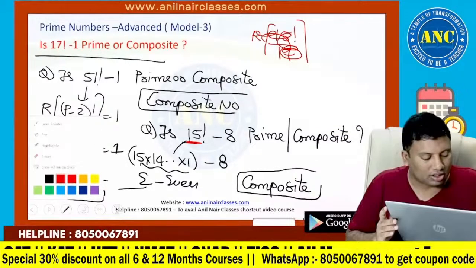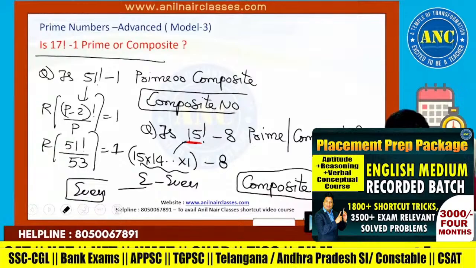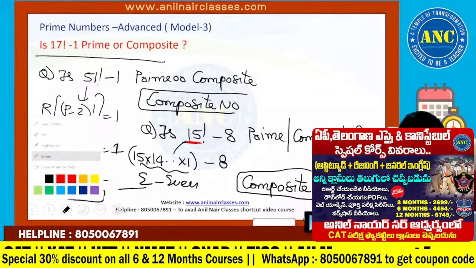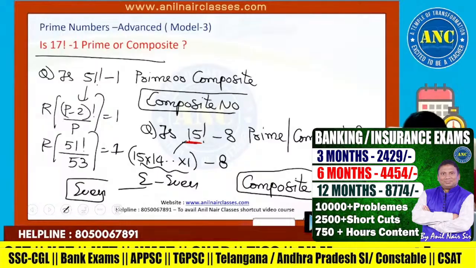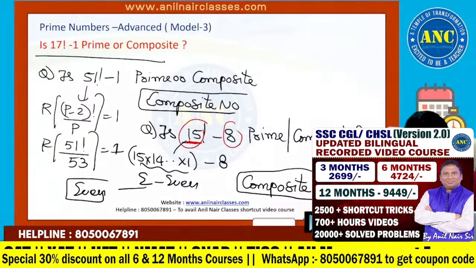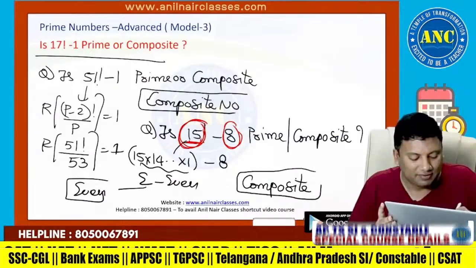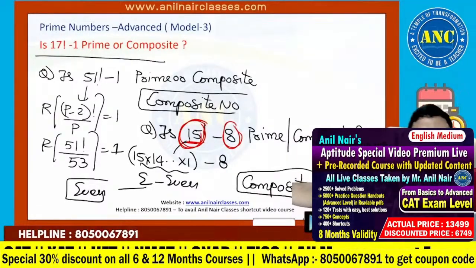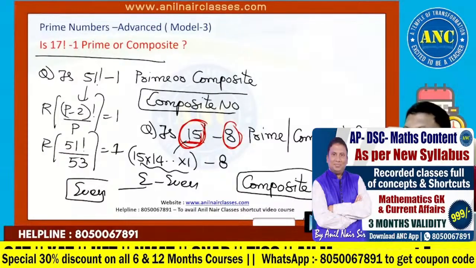I just wanted to tell you that 15 factorial contains 2, contains 4, and contains 8, and 8 also contains 2, 4 and 8. Model number 3, Wilson's theorem application.